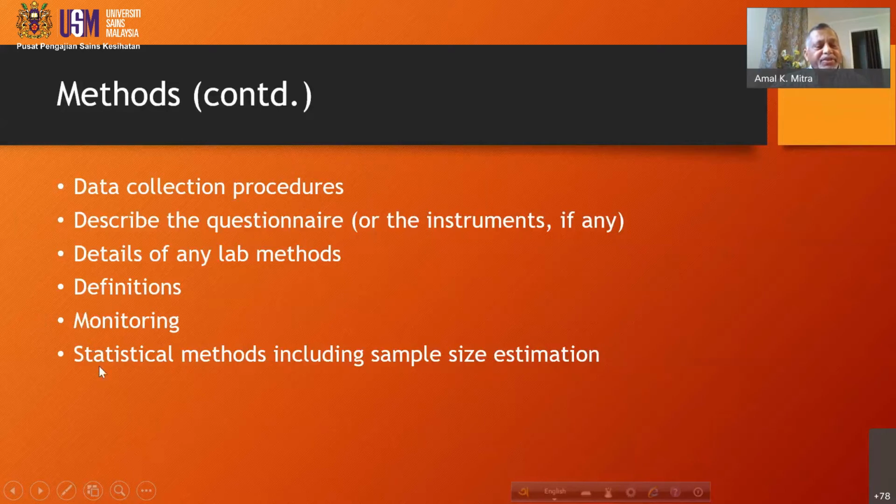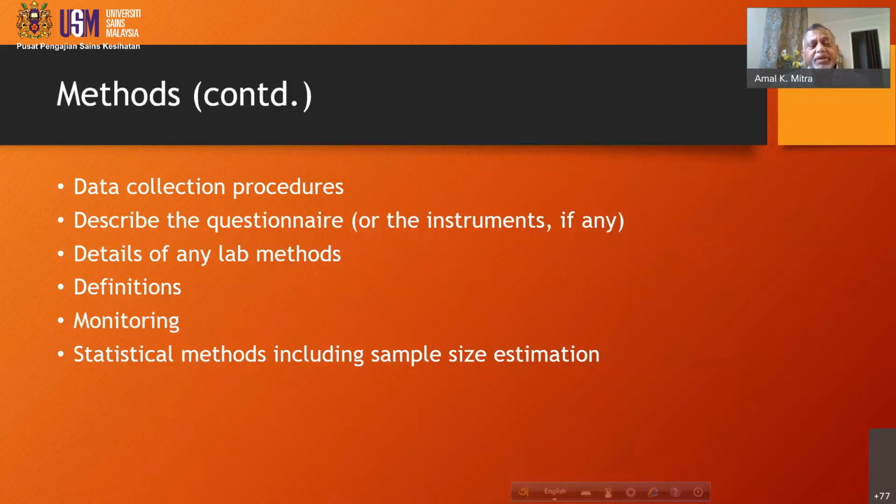Then comes statistical methods. That's the heading, but that has a subheading, sample size estimation. So in statistical methods, you must mention what statistical program you have used, either SPSS, SAS, or R, or any other programs, with reference. And you try to find out how to write the reference for statistical methods.